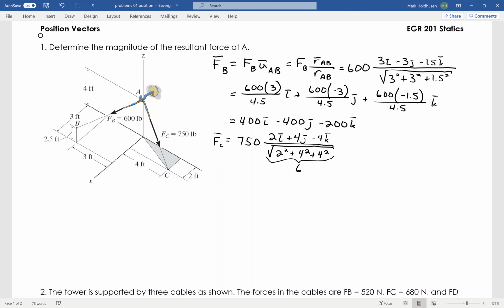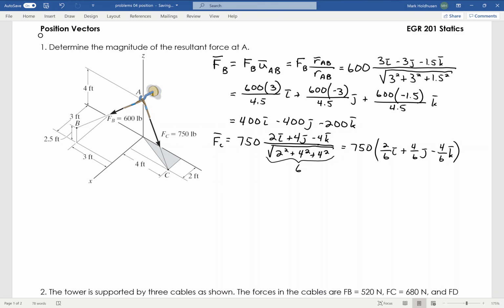So what I basically get is 750 times 2/6, which is 1/3, plus 4/6 in the j, minus 4/6 in the k. So 2/6, 4/6, that's essentially my unit vector. Take that times 750.